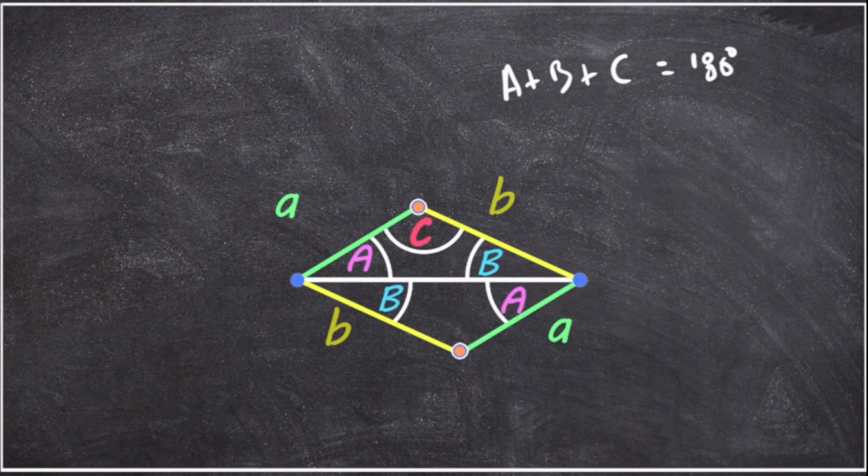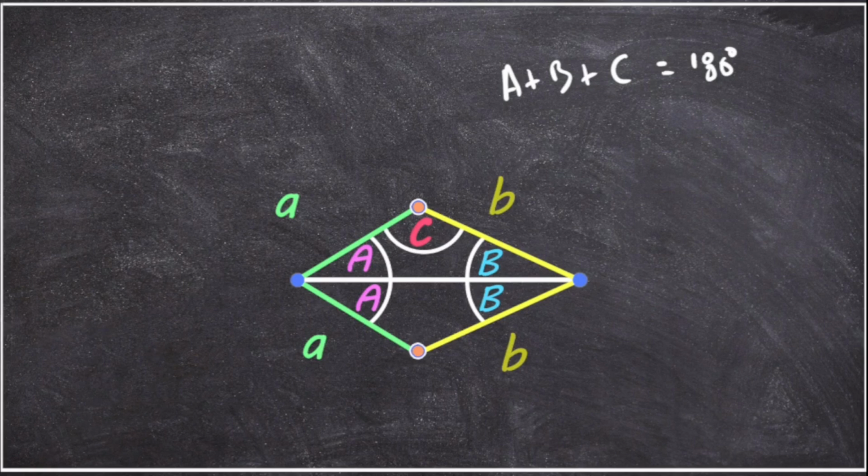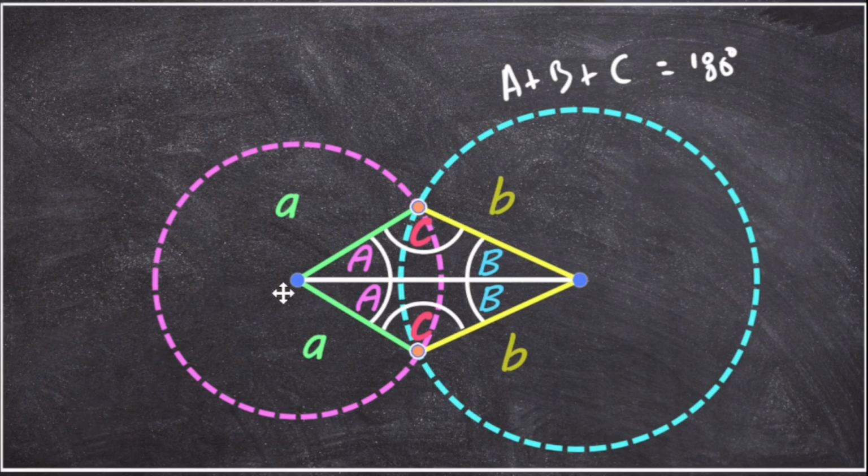And now let's flip the horizontal triangle again back to its original position. And since A plus B plus C equals 180 degrees, the remaining angle in the bottom triangle must have the value of capital C. These two triangles are just a reflection of one another, and hence they are identical. And if we bring our circles back in, you can see that in a triangle of edges A, B and C, there are only two possible points where the edges A and B are able to join.